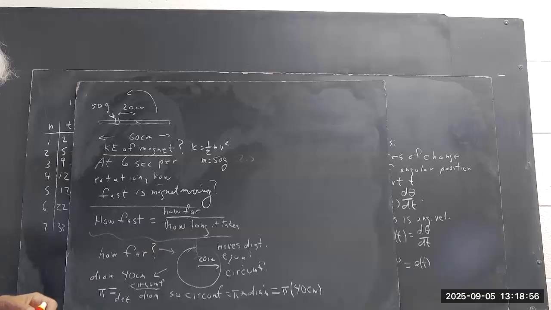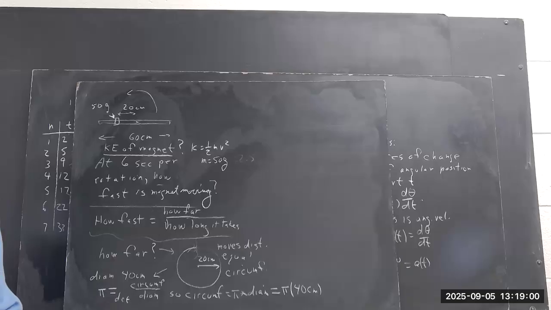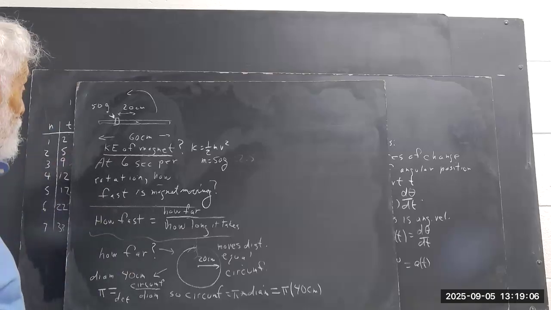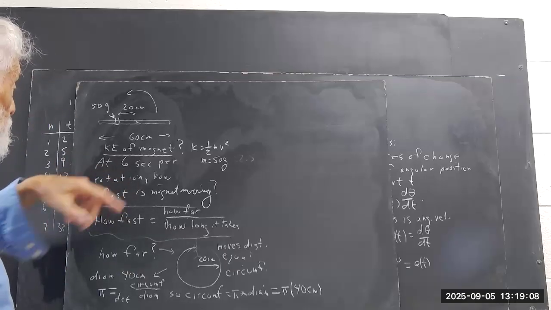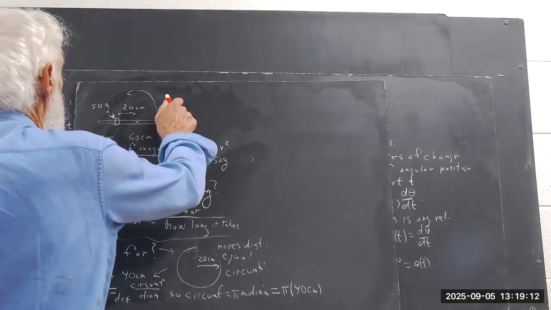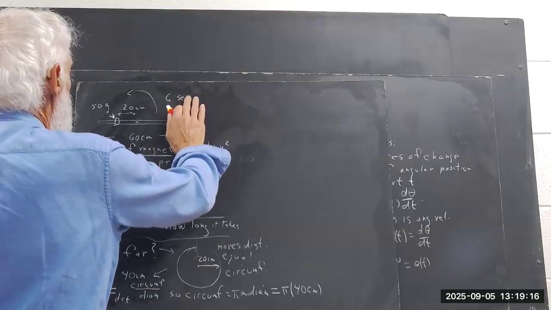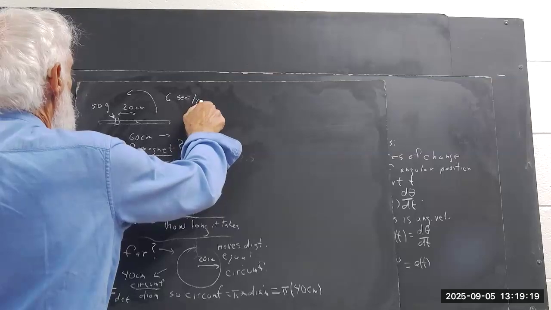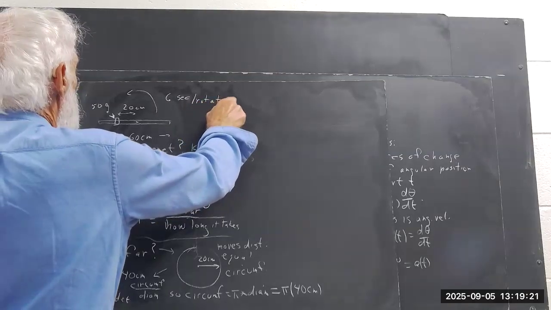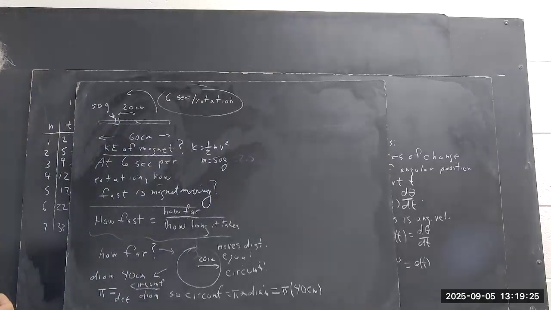One purpose of lab is to connect us to reality instead of a bunch of formulas. Now, I also told you 6 seconds per rotation. And it would be good to have that written out one way or another.